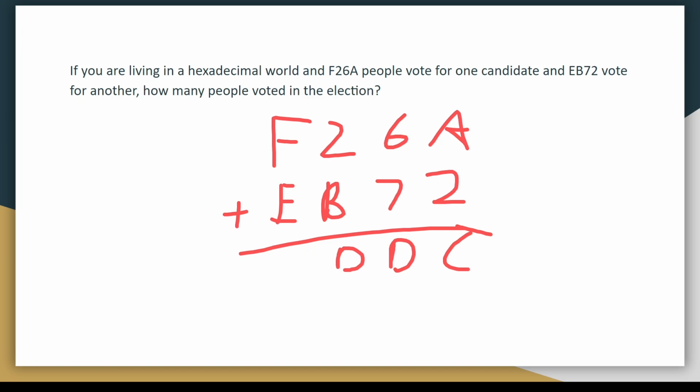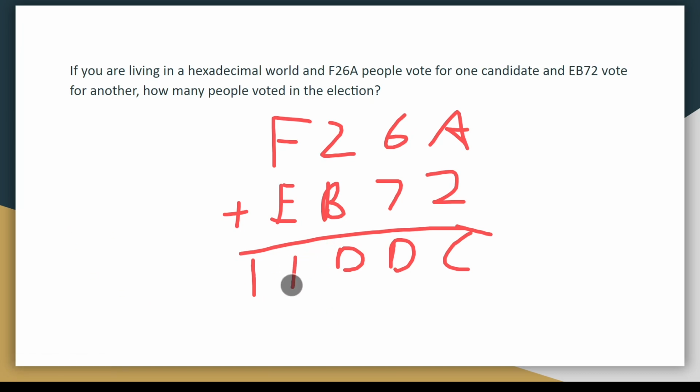Now F plus E, F is equal to 15, E is equal to 14, so F plus E is 29 in decimal. 16 is 10 in hexadecimal, so if we take the difference, then it will be 1, a digit over here, and then 13 in the blank space that I have left here.